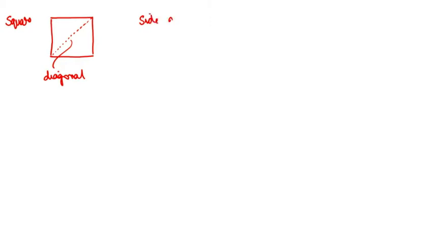Let's do one more. Let me see who can do this. I take a square, and this is the diagonal. Now I am saying the side of the square reduces by 20%.